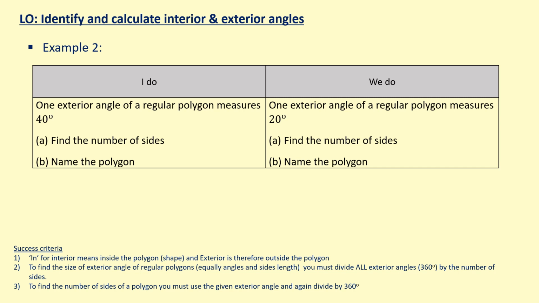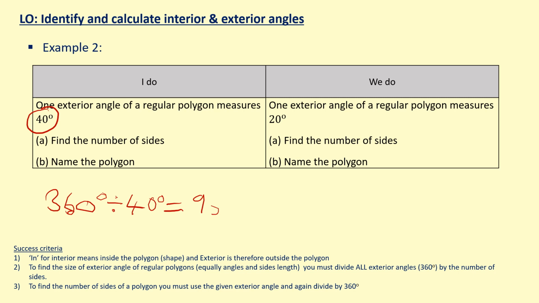So then year 8, we have another set of I do's and we do's. We have 40 degrees, so 360 divided by 40 degrees. I know that 4 goes into 36 9 times, so 40 must go into 360 9 times.